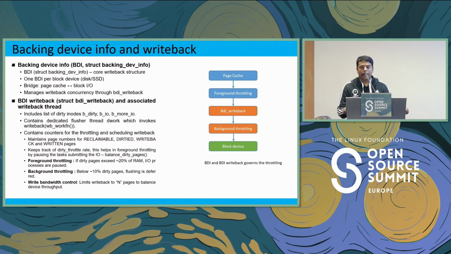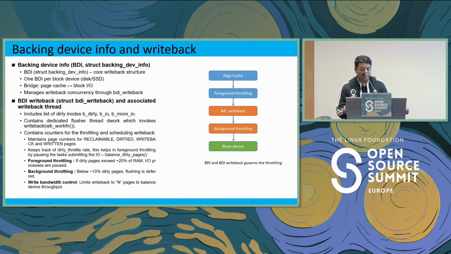Foreground throttling is something like, if applications are submitting the IO in a very fast manner, then it will try to consume the entire RAM. So once 20% of the RAM is consumed, we pause the submitting threads. This 20% is configurable using the proc file system.